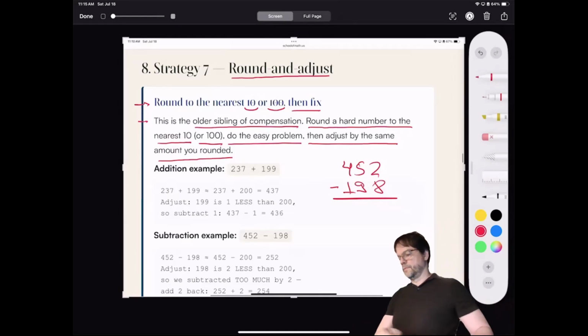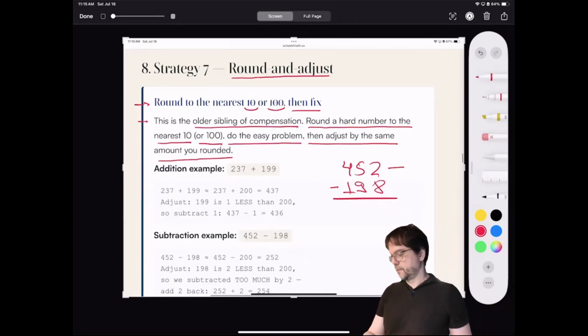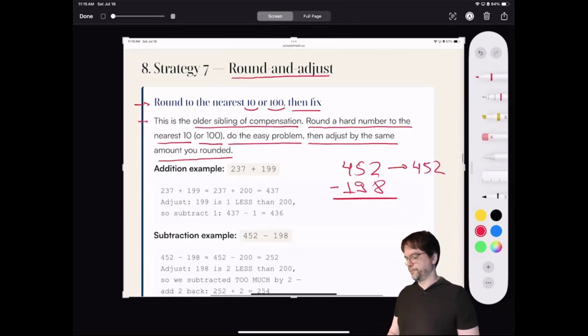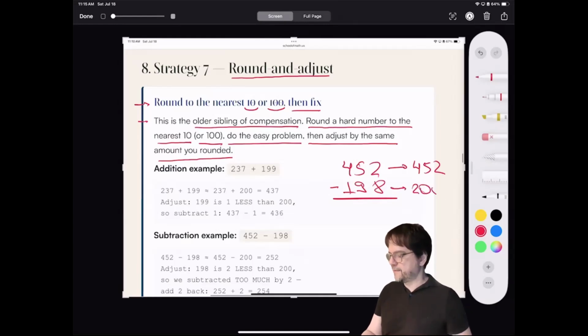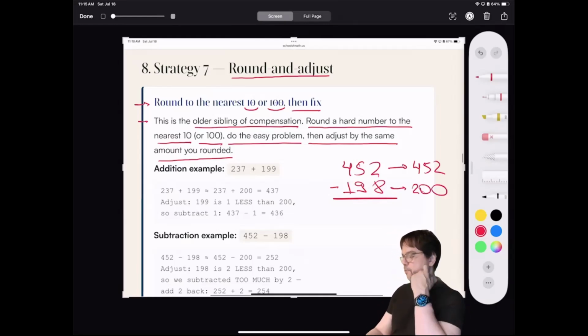Look, 452 minus 198. Instead of 198, can I subtract 200?